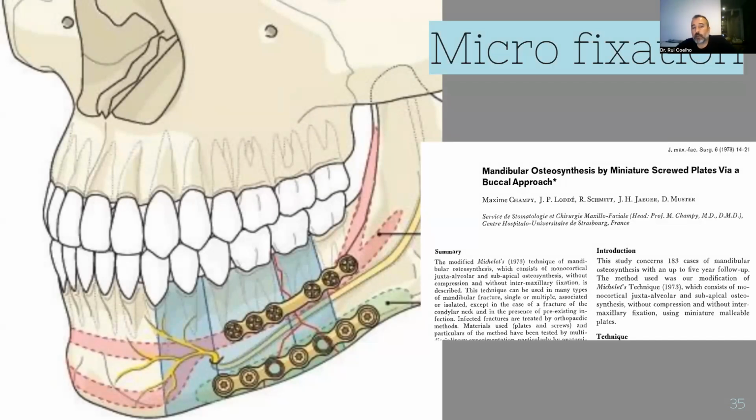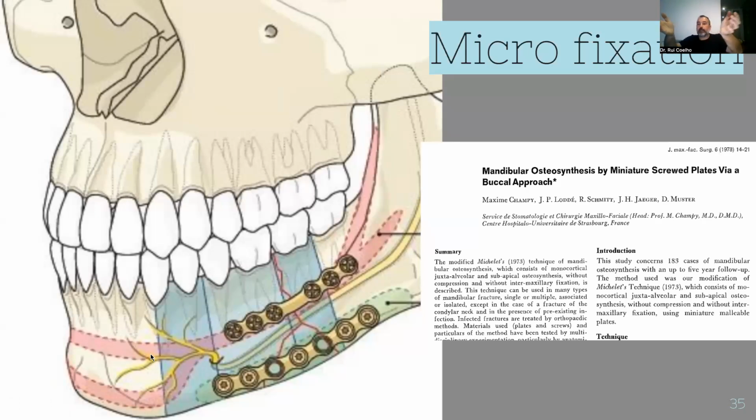On the mandible, it was in 1978 that Professor Ciampi defined the Ciampi lines, which are the lines of less bending of the mandible: the anterior border of the ramus, the external oblique line, and the point below the basal point of the mentum. This is the point where you have less flexion of the mandible.